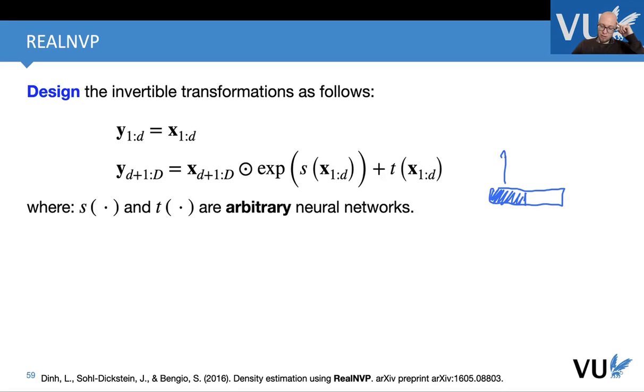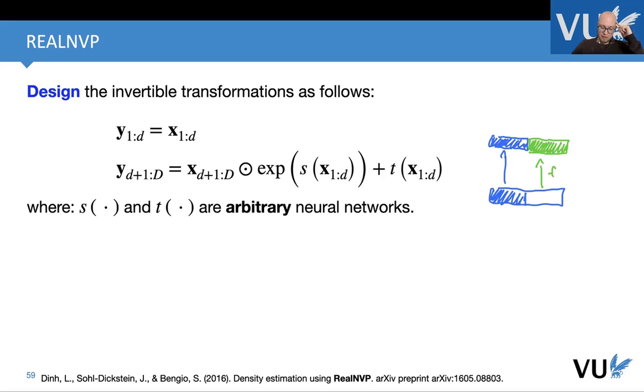This one we just simply copy, and the other part we transform with some transformation, let's say f. Okay, and we just get these two things.